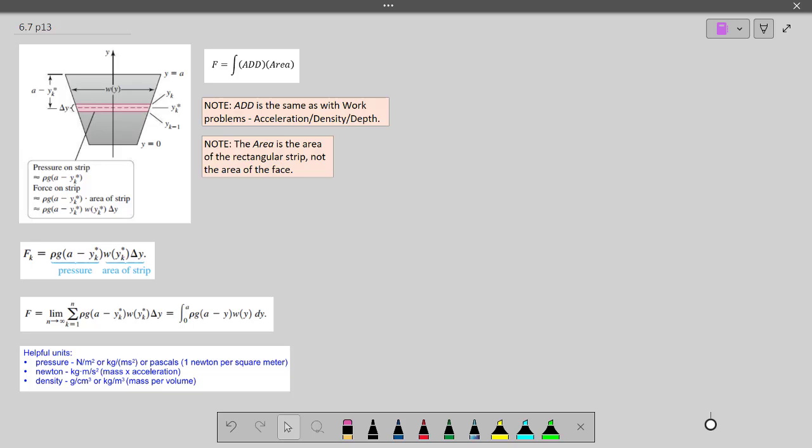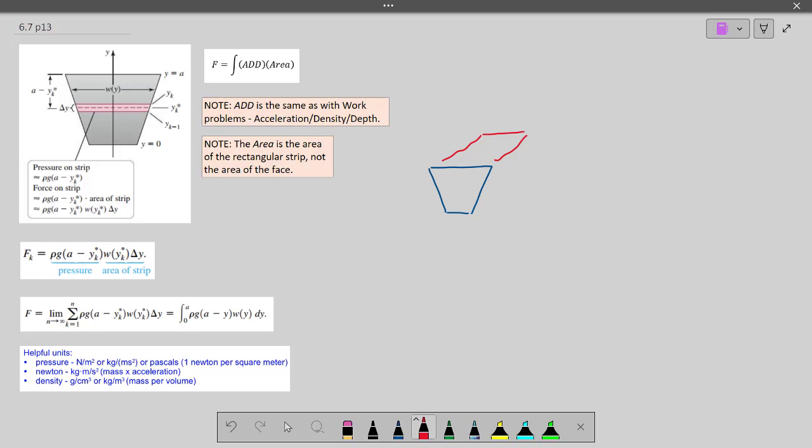So here's my question. We imagine this as a dam, and water is pressing against the dam. We need to build the dam so that the water exerting the force on the dam isn't going to collapse the dam. All right? So let's suppose we have this dam, and we've got water behind it.